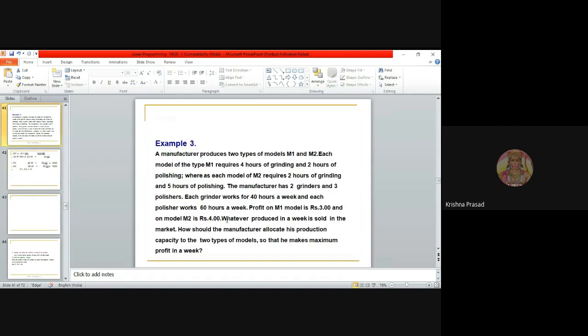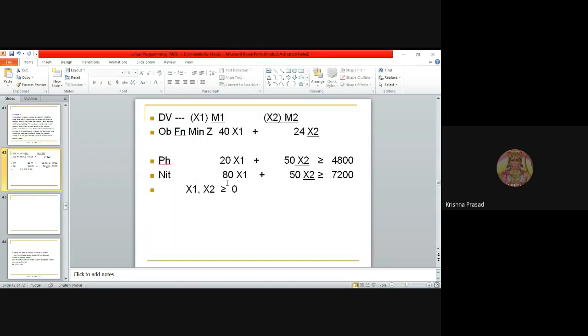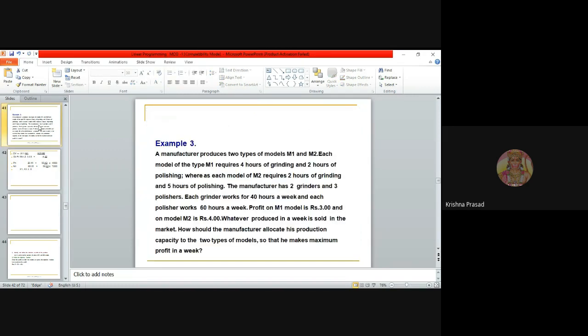See here, profit for M1 is equal to 3 and M2 is equal to 4. So 3 rupees and 4 rupees: 3x1 and 4x2. Got it, the objective function.